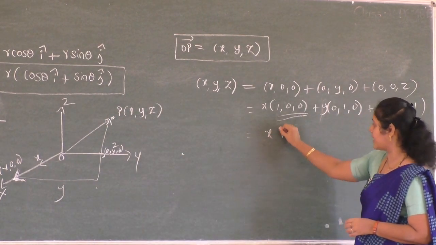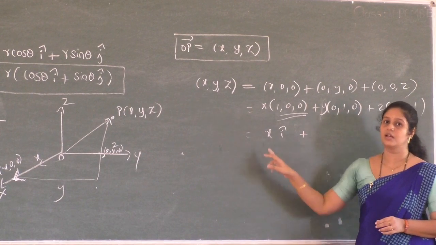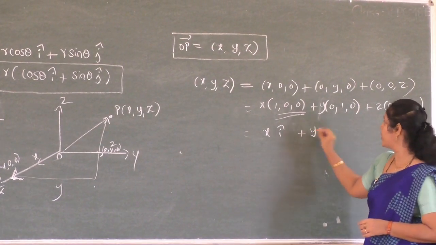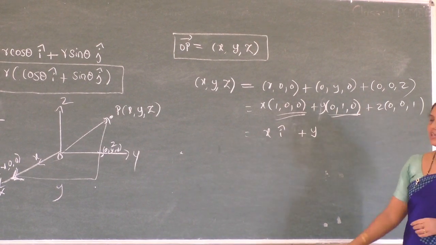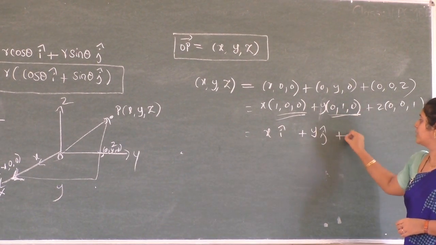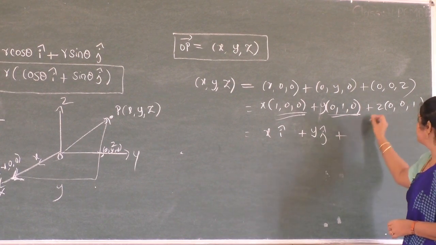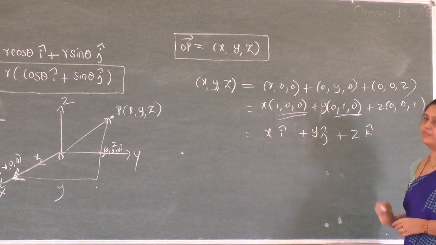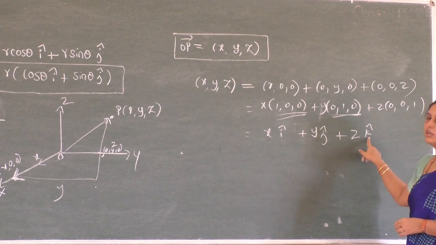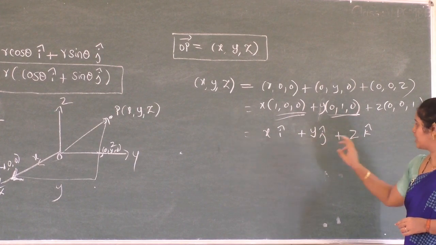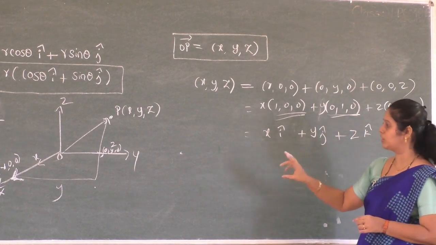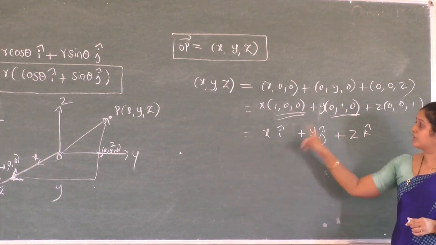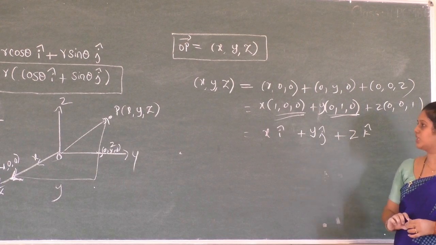So x into i cap is along the x-axis, the unit vector, or we can call it a base vector also. 0 comma 1 comma 0 is called j cap, the y-axis unit vector, and 0 comma 0 comma 1 is k cap, also a unit vector along the z-axis. So i cap, j cap, k cap are three unit vectors along the x, y, z axes respectively, and they are mutually perpendicular to each other.